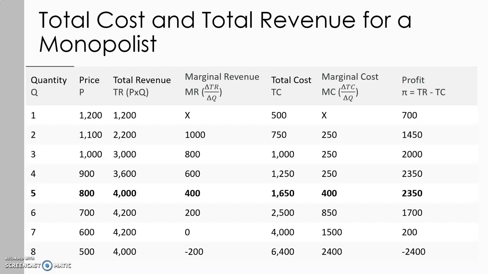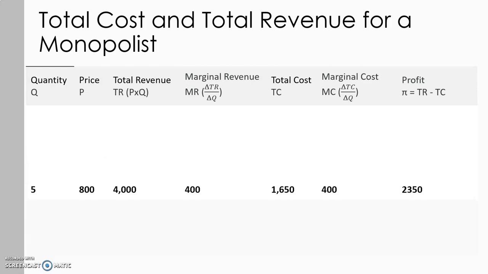The same economic profit usually corresponds to a higher accounting profit. So even though we've got higher opportunity costs, we're taking in more money. By the way, let's point out, take a look at marginal revenue. Take a look at marginal cost. This is where marginal revenue equals marginal cost.